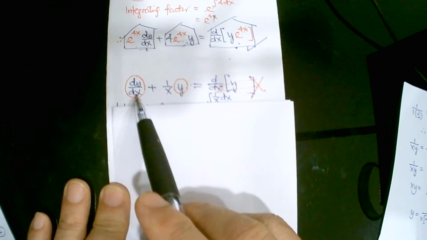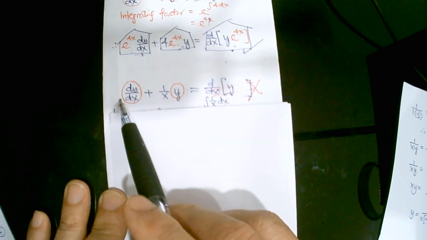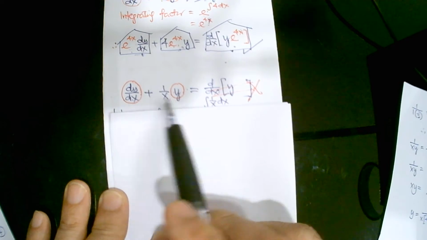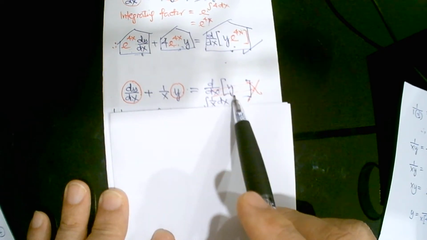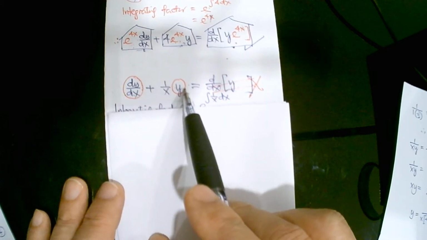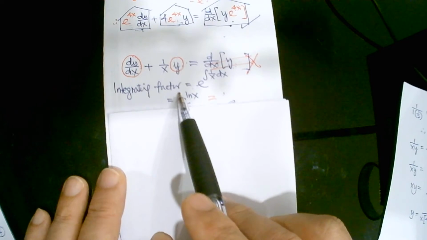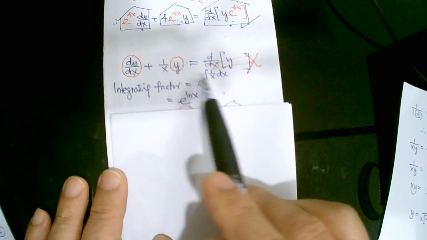This is linear. Why I say linear? You look at the y, dy/dx, and then this is 1. Okay? So now, but you cannot write like this. It's wrong. Okay, don't write like this. You cannot combine yet because something is missing. What is missing? Integrating factor. So to find the integrating factor, you exponential, you integrate this.